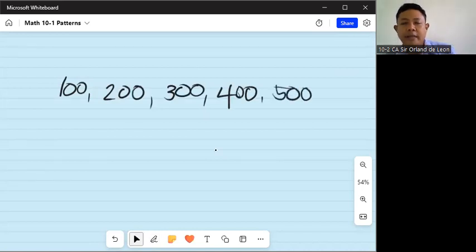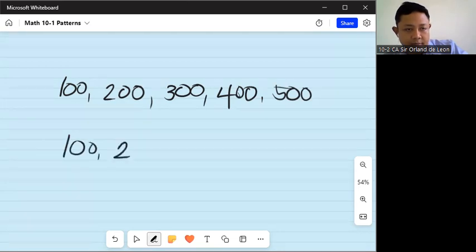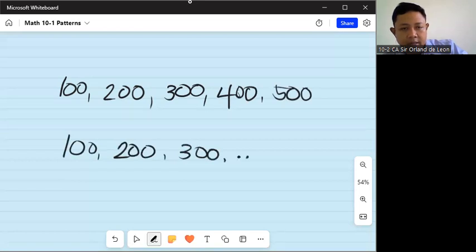You all know that the pattern used here is adding 100 to get the next term, right? So now, dealing with sequence, we have two types of sequences. The first one is, there is an ending, but the other one is like this, 100, 200, 300, comma, and then there is an ellipsis.